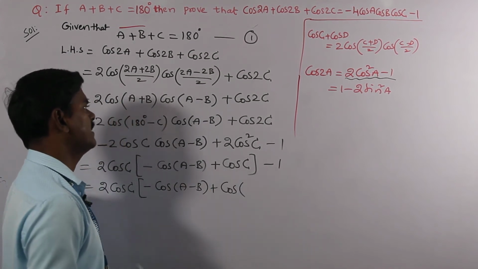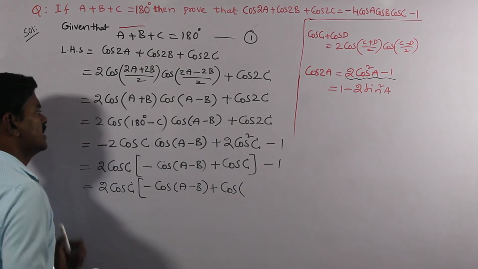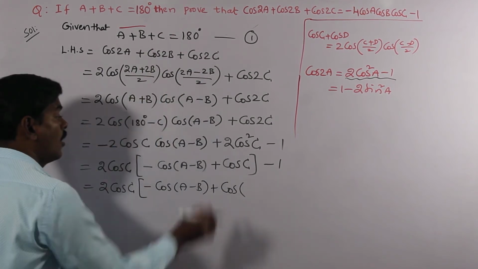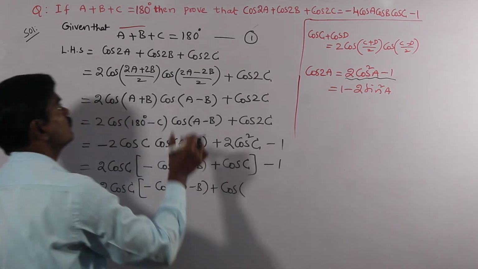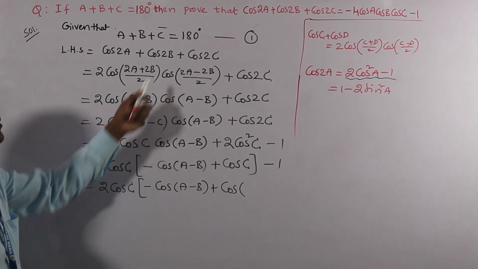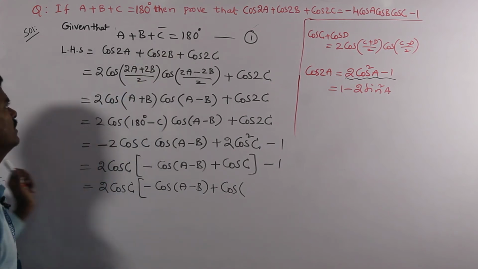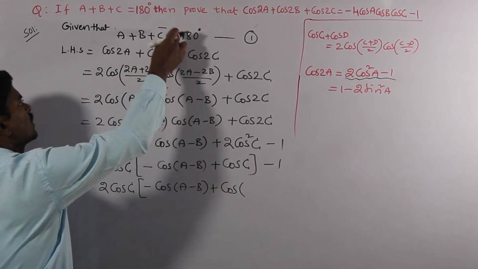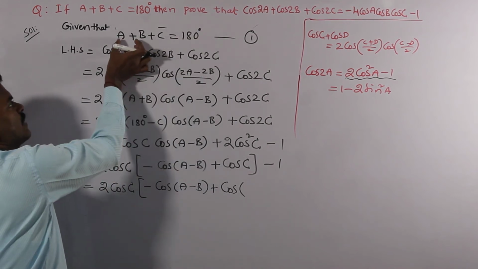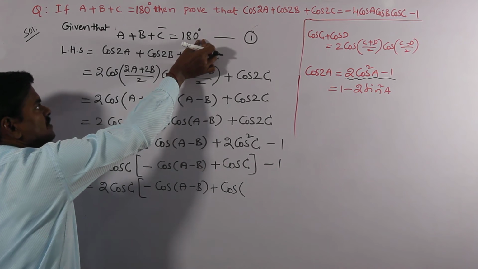Time to replace c. In the beginning we replaced a plus b in terms of c; now we need to replace c in terms of a plus b. How can c be replaced from equation 1? C equals 180 degrees minus (a plus b), since a plus b on shifting becomes minus (a plus b).